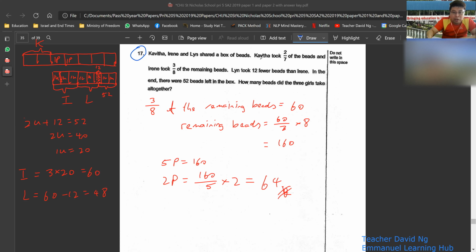But 64 is not the final answer. 64 just tells you K has 64. So you have I, L and K all together. All together is I plus L plus K.